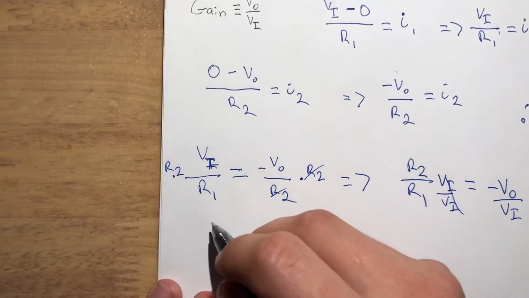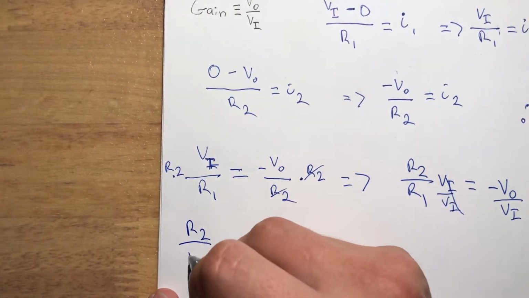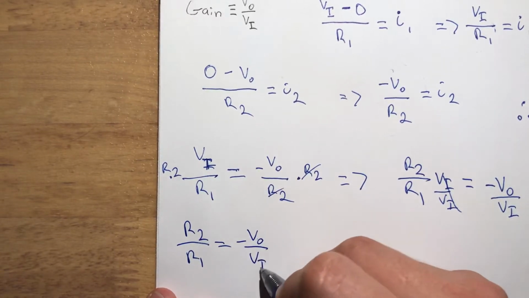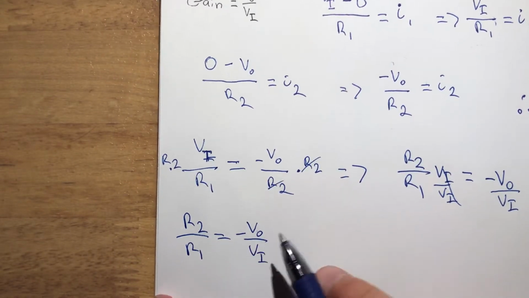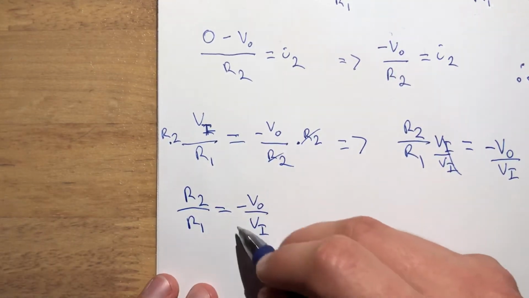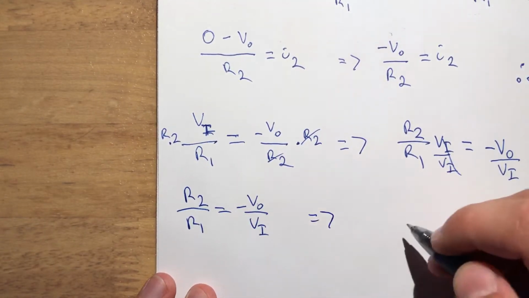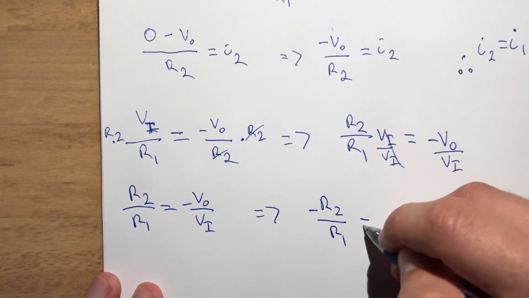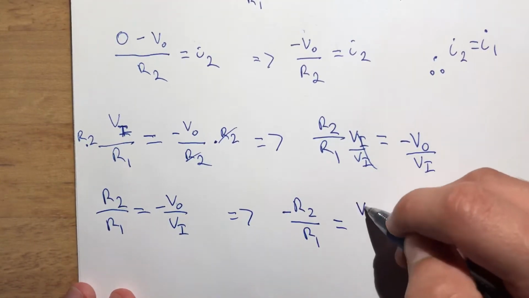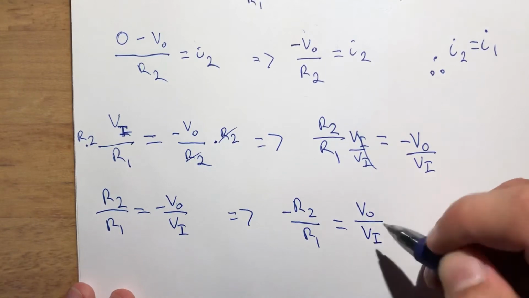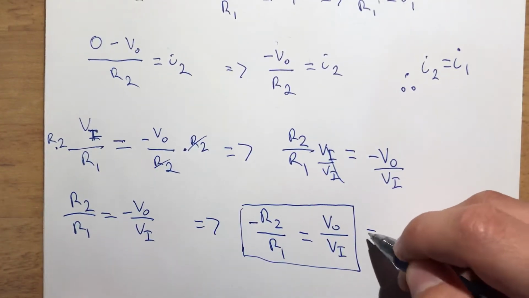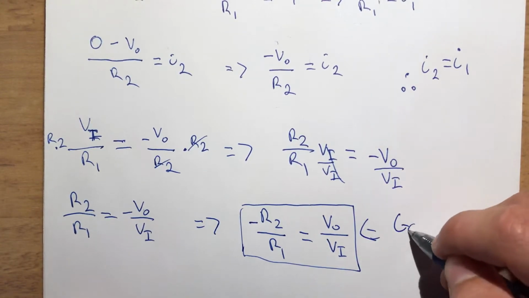And so now we have R2 over R1 is equal to negative VO over VI. And of course we can get rid of the negative by dividing by negative 1 on both sides. So finally we have negative R2 over R1 is equal to VO over VI. And this right here is the gain.